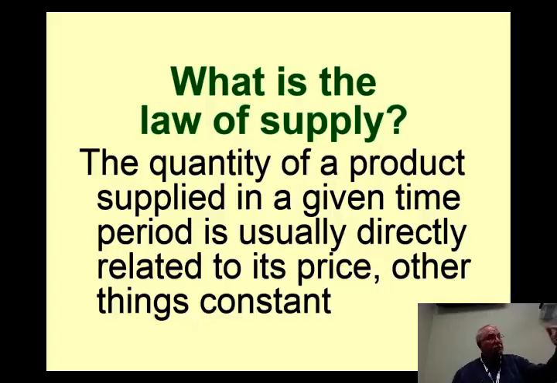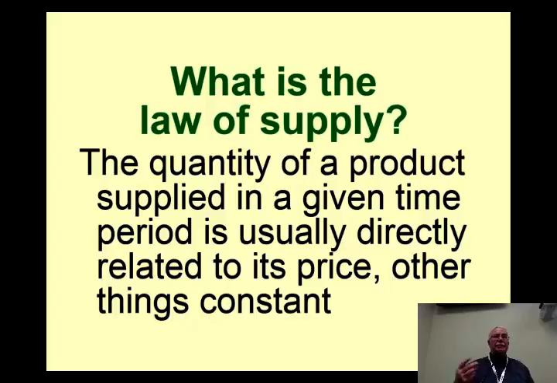So when the price goes up, you're going to increase the quantity supplied because your motivation is higher profits. And likewise, when the price goes down, you're going to make less money, and therefore there's going to be a decrease in the quantity supplied.